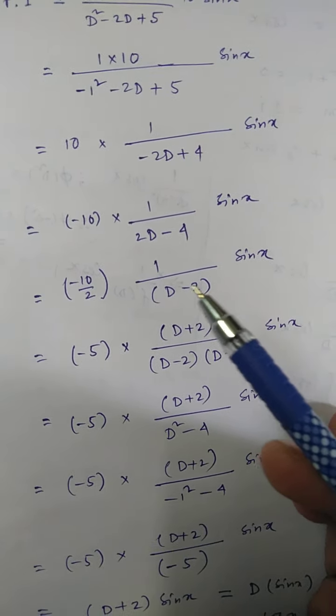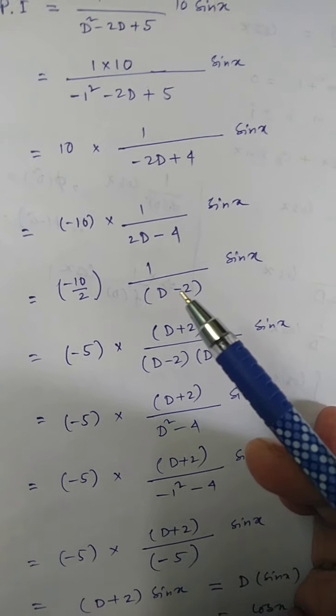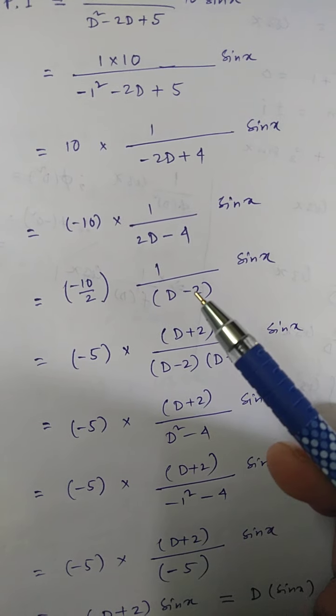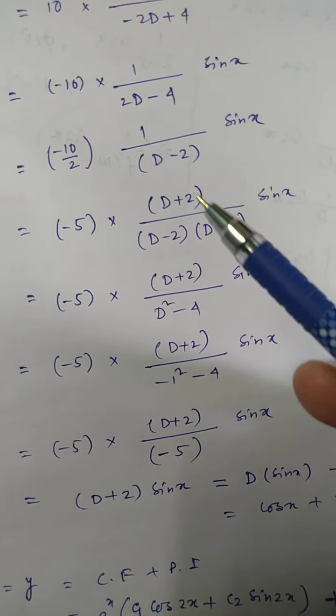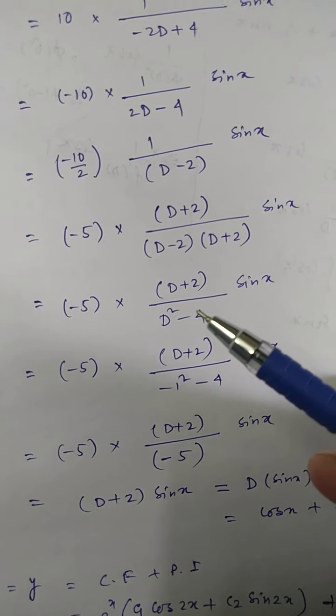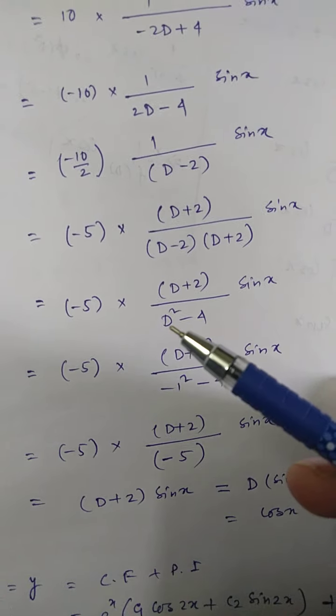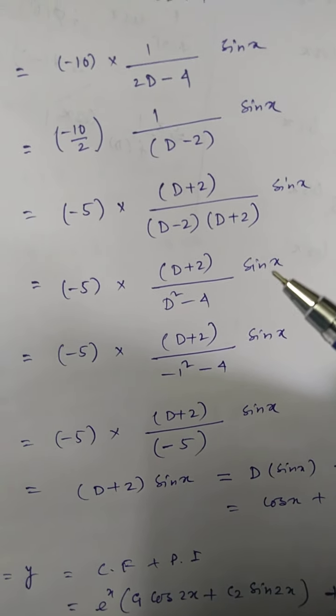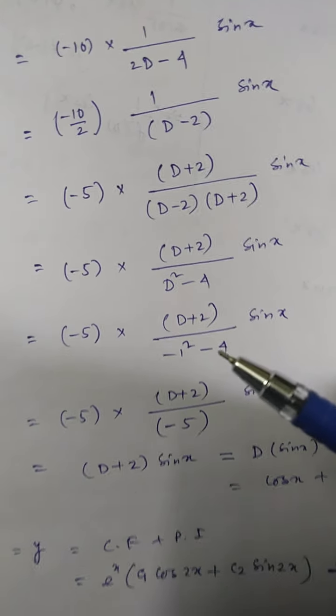But now this is a function of D, which is not allowed. That is why we have to express D - 2 in terms of squares. So we multiply numerator and denominator by D + 2, so that the denominator becomes phi of D², and again the same rule will be applied. In D² we apply minus a². Here a is 1, so minus 1² - 4.